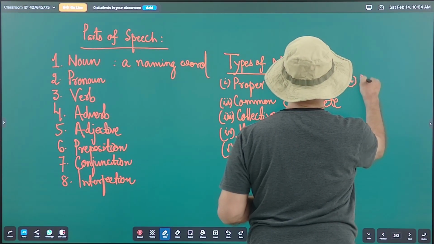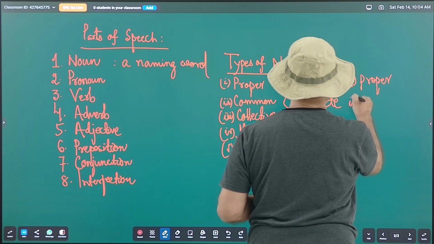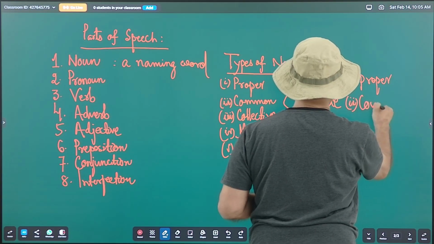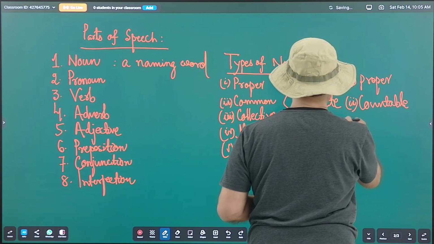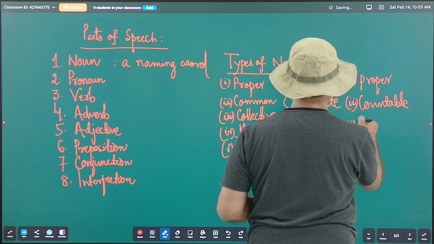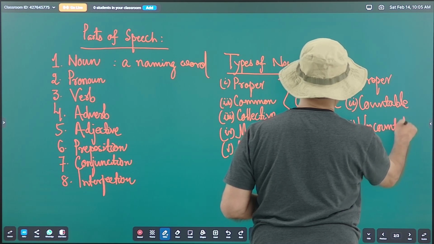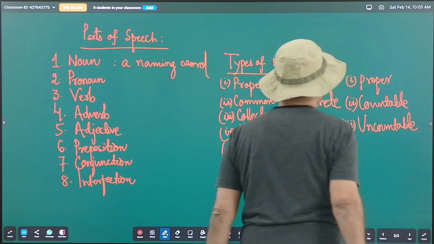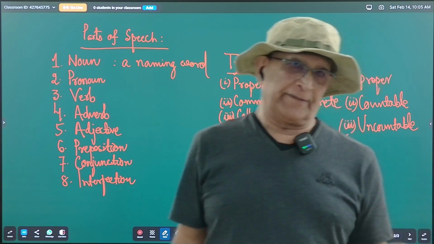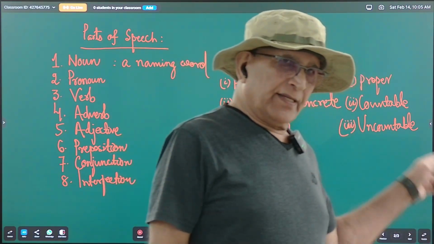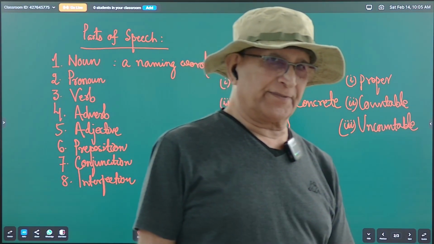Proper noun, second, countable, and third, uncountable noun. Modern grammarians like A. S. Hornby, they've classified noun into broadly 3 categories.